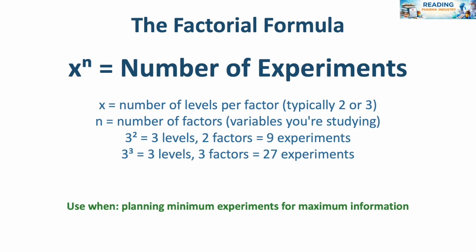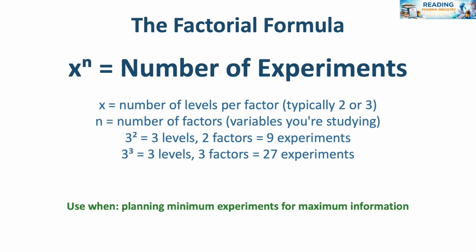N is the number of factors or variables. Basically, what variables you want to change to test. And in many cases, we are going to choose 2 factors. In this case, we have 3 levels, meaning low, medium, high, to the power of 2 variables or factors, and that will give us 9 experiments in total.